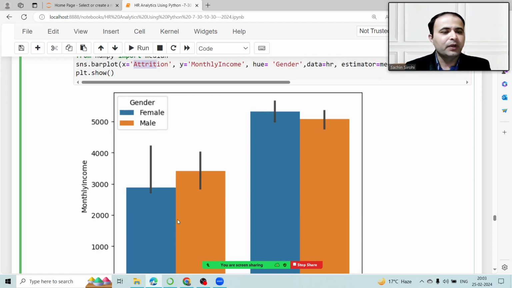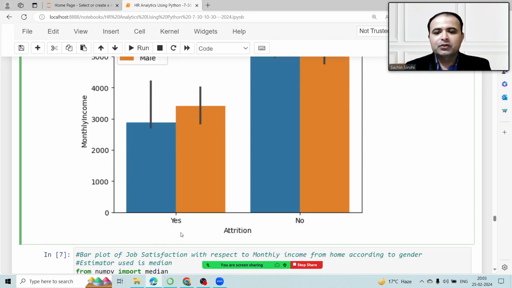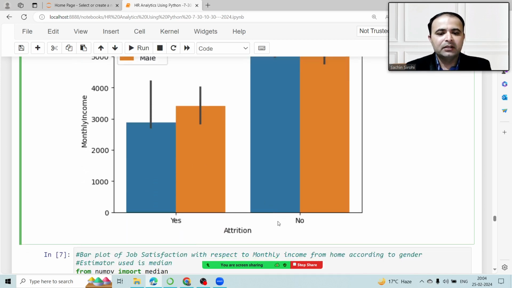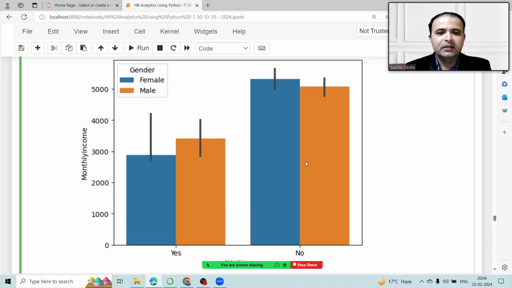We have two types of employees, male and female, gender wise. The male attrition is high, but the female attrition is low. The female employees who did not resign are still working; the female count is high and the male count is low.